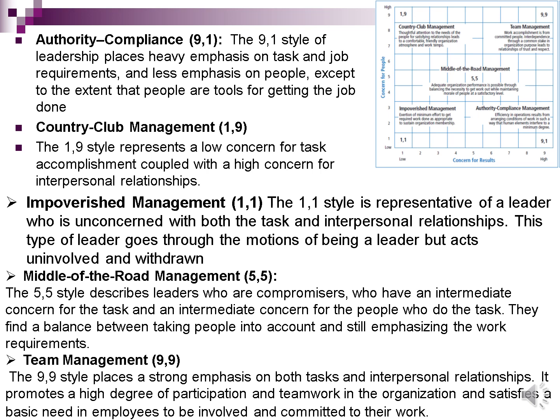In this figure, we can see that on the horizontal axis we have the concern for results, or tasks or outcomes, whereas on the vertical axis we have the concern for people, which is the relationship with the people.